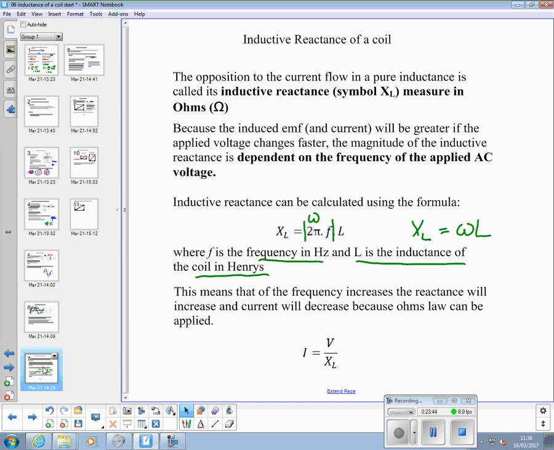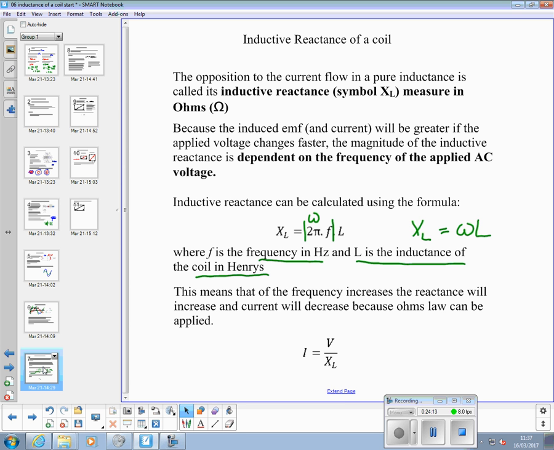So what that means is that XL is a frequency dependent quantity, and it will vary if we change frequency. If we put frequency up, XL gets bigger, frequency down, XL will go down. So we can determine the inductive current from the applied voltage divided by XL.